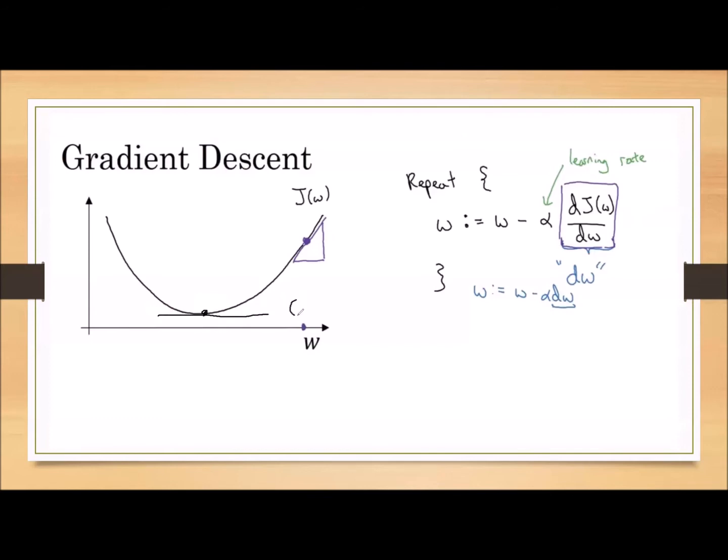The slope of this tangent is 0. Because the slope of the tangent is 0, the dJ by dw term is 0. Now there is no next point, so w is equal to w. From here, the gradient descent has understood that it has found the minima. So this value is indicated as the minima, and the gradient descent takes the value of w at which the minima is occurring. The gradient descent algorithm returns that w value.